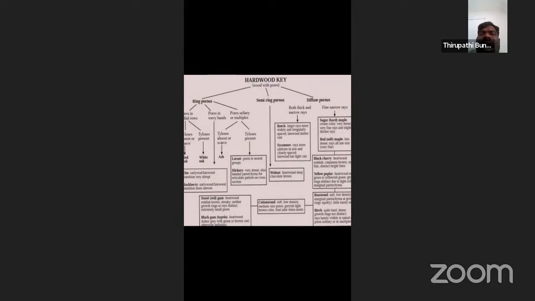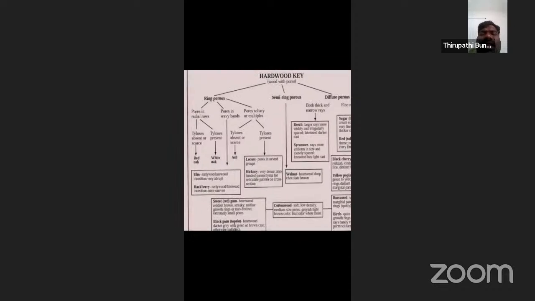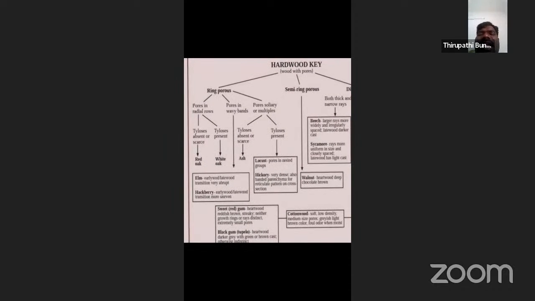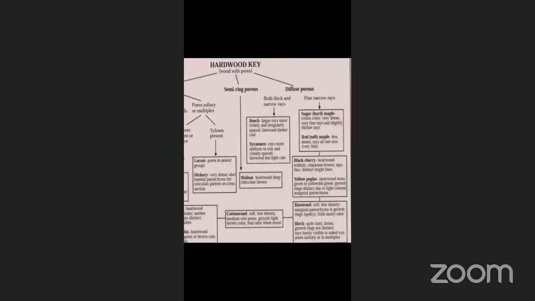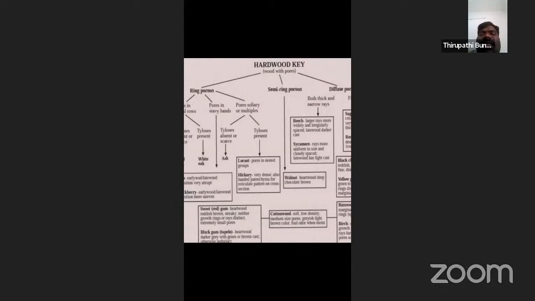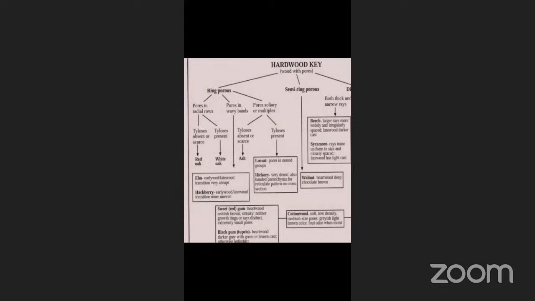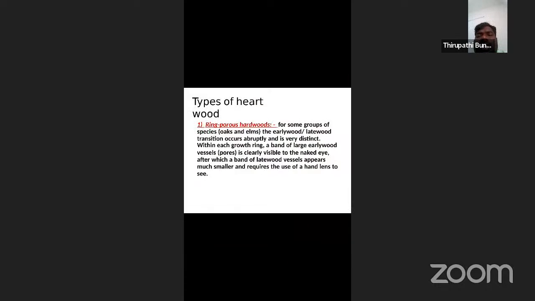Hardwood types: three types. Ring porous, semi ring porous, and diffuse porous. Ring porous has pores in radial rows, in clusters, solitary or multiples.